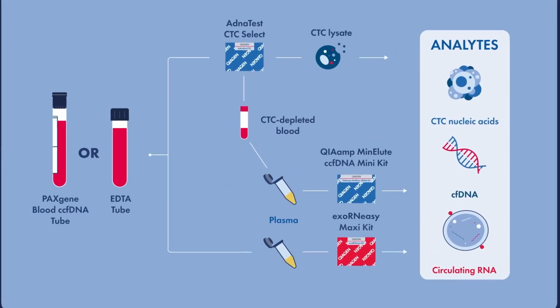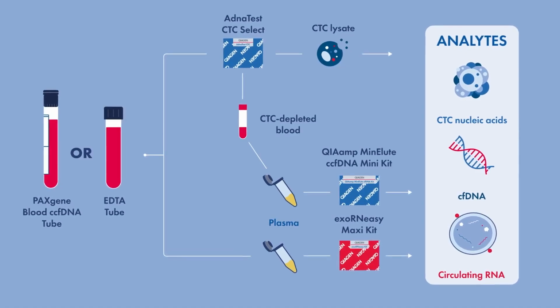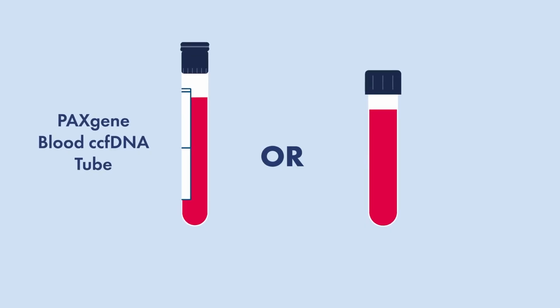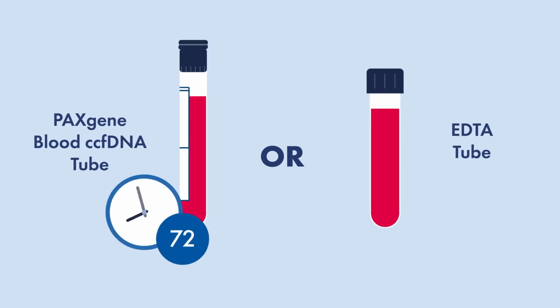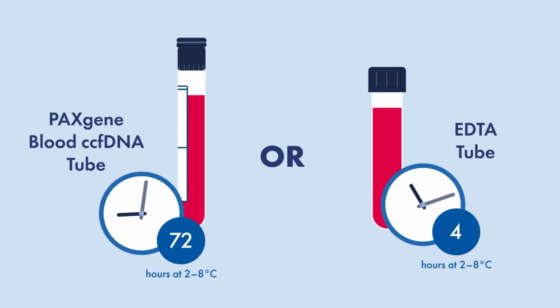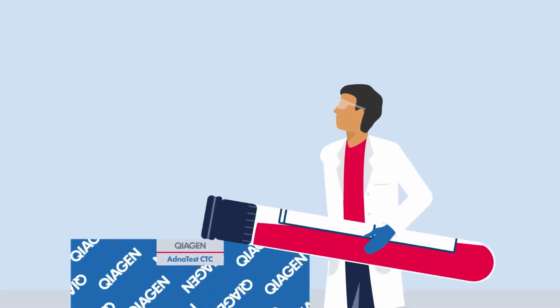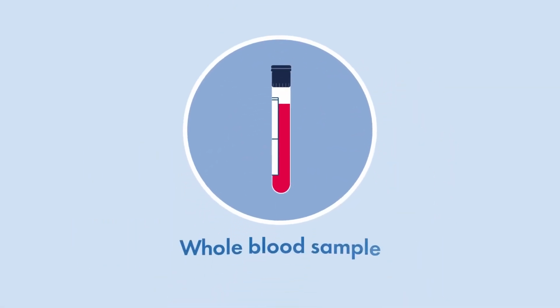How does it work? Start by using only 2 PAX-gene blood cfDNA tubes, or EDTA tubes. CTC nucleic acid samples collected using PAX-gene blood cfDNA tubes are stable for up to 72 hours. You can use the AdnaTest CTC Select to isolate and enrich CTCs from a whole blood sample.